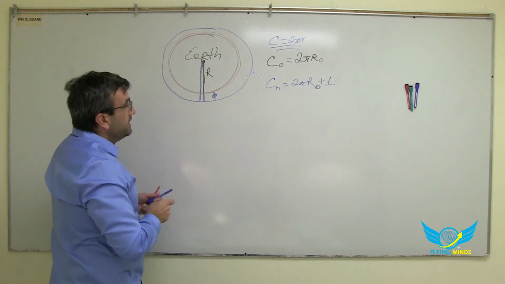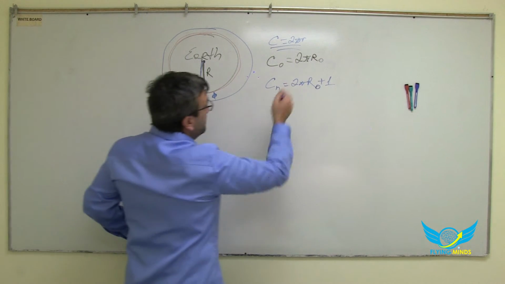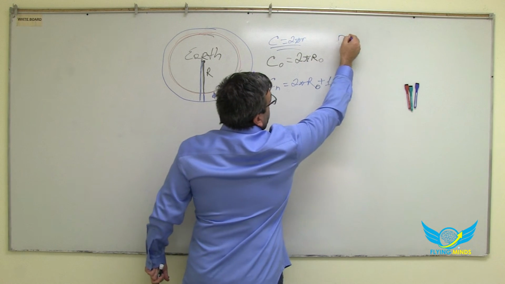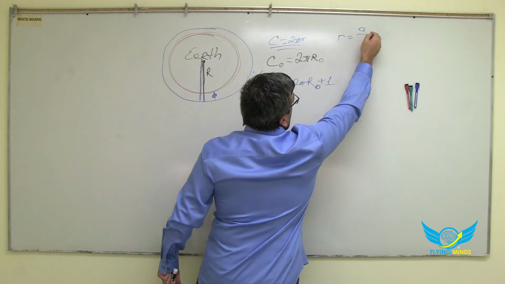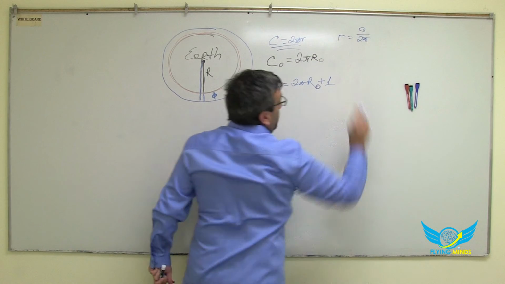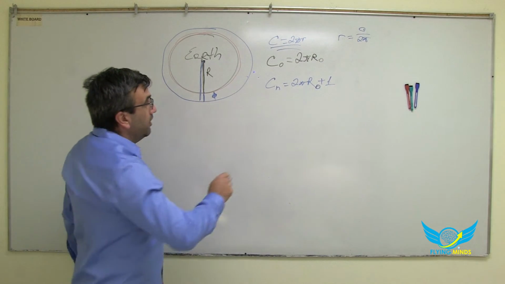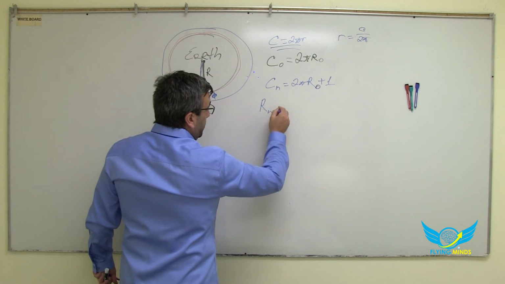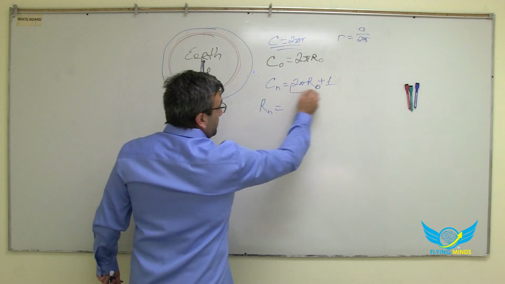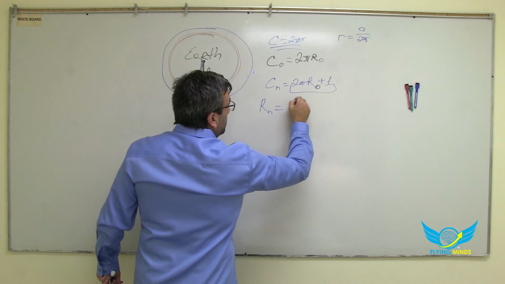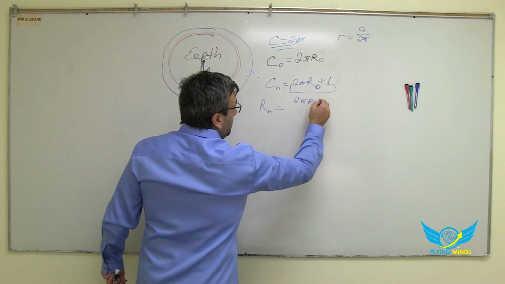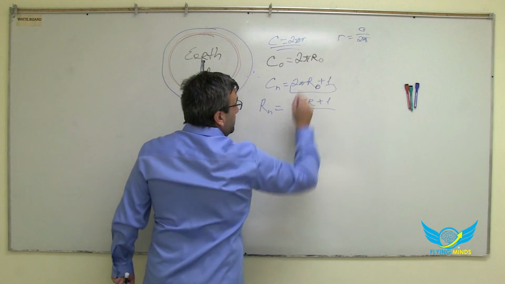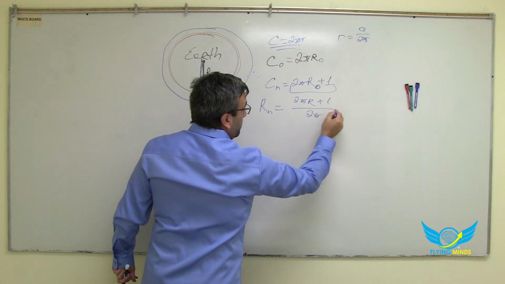Of course, we know how to find the radius: radius equals circumference over 2 pi. So our new radius will be our circumference, 2 pi R plus 1, divided by 2 pi.